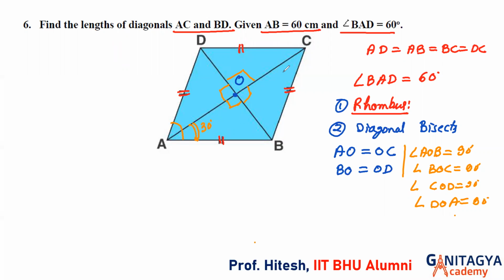This angle is angle A, that is angle BAD, how much was it, 60, so this diagonal will bisect it also, so that will be 30 degree. Understood?